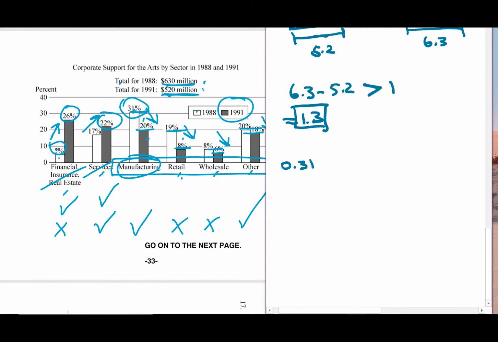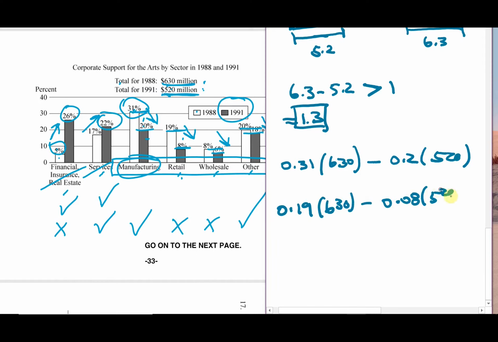You take the upper bound times the revenue, and you subtract 20% of 520, and you find that difference. Then you get 0.19 times 630, and you take 0.08 times 520.